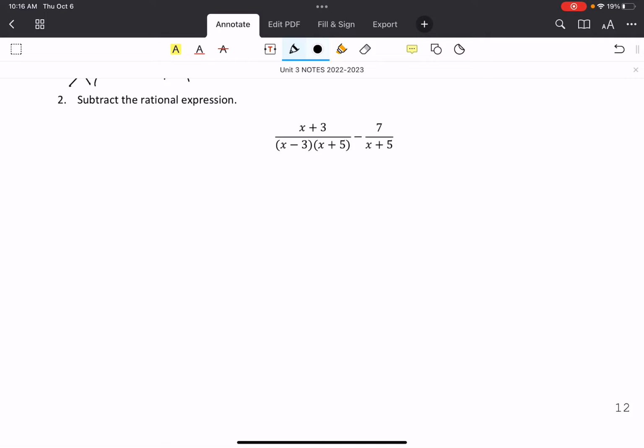And the denominator is the same. Yeah. I only have to do the x minus 3 to this side to get the denominator the same. Because like she said, why would I multiply this side by x plus 5? It's already there. So we got it. We're not going to multiply our denominators together. We're going to find the least common. Yeah.